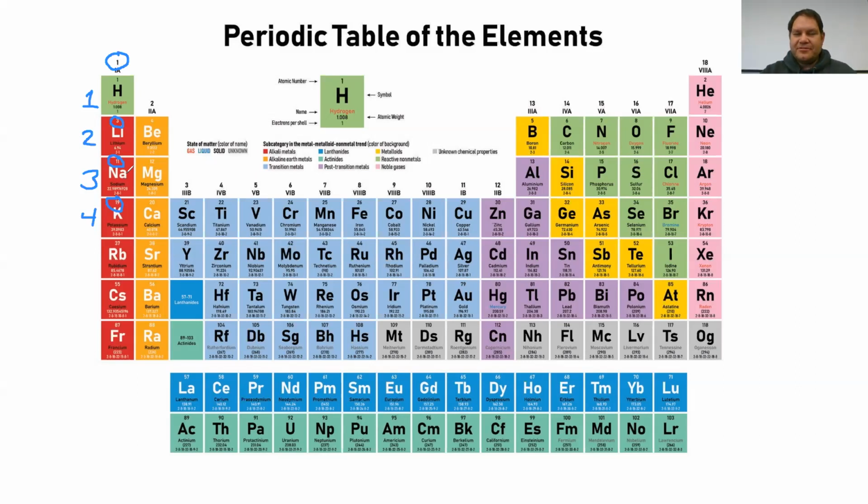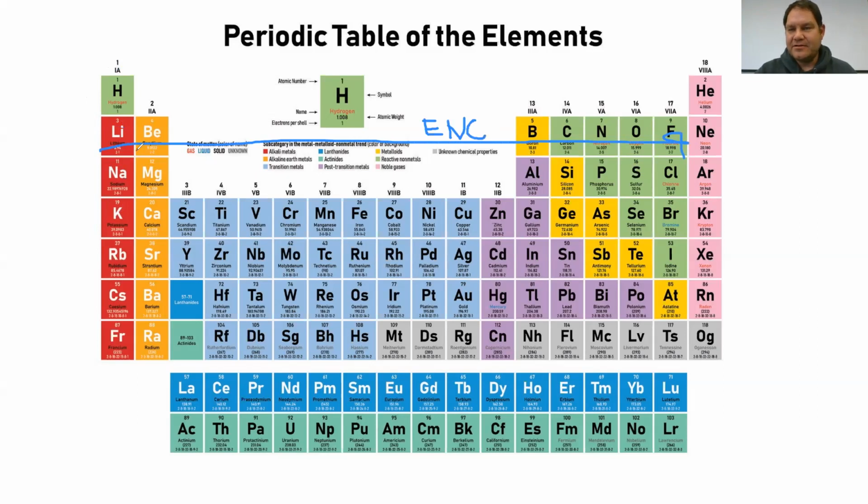Okay, so let's summarize this really quick, and then we'll start finishing things up. All right, let me clear everything here. All right, as we go across the periodic table, left to right, the effective, E for effective, nuclear charge is going to increase, okay?